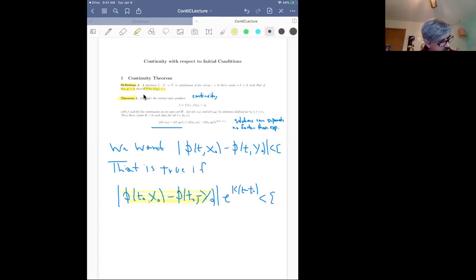This is the distance between the starting values, like the distance between x and y in our definition of continuity.